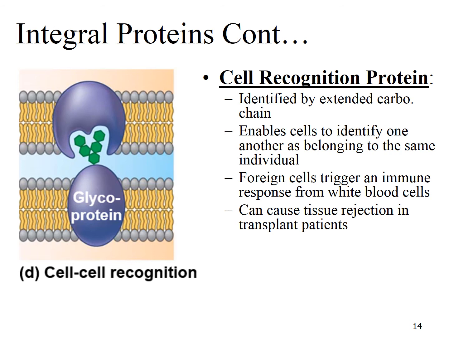This can be an issue for people who are undergoing tissue or organ transplants, and so it's important that when those types of procedures are done, they take measures to help ensure that the tissue or the organs aren't rejected based on a match or not a match with respect to these unique carbohydrate chains on the surface of these cells.